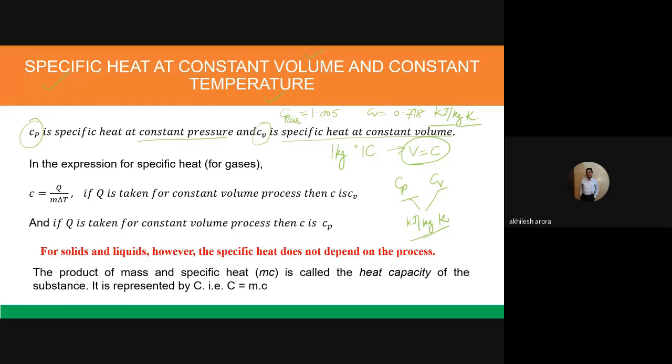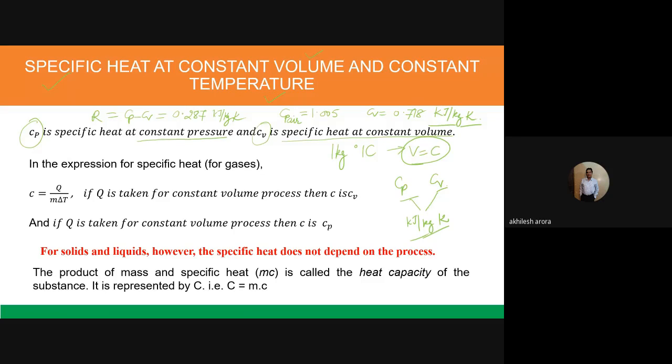And you must know that if you want to calculate R, which is the characteristic gas constant, that is given by CP minus CV, and for air the value will come out to be 0.287 kilojoule per kg Kelvin.